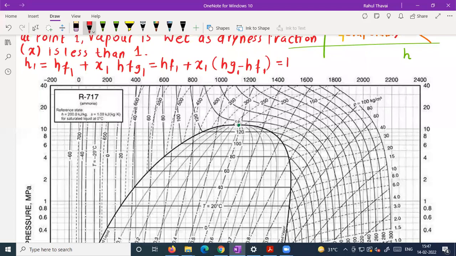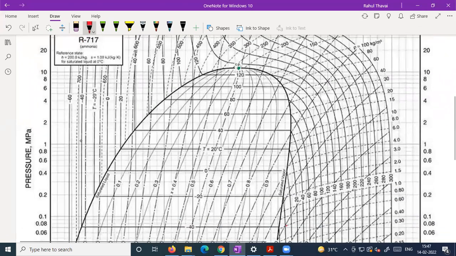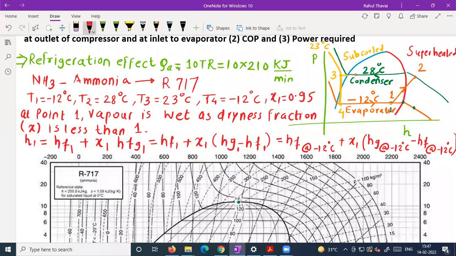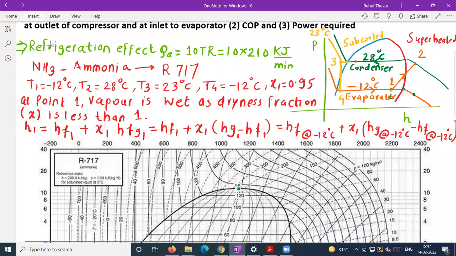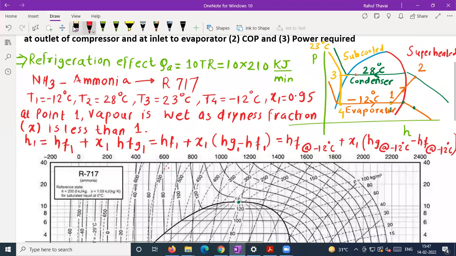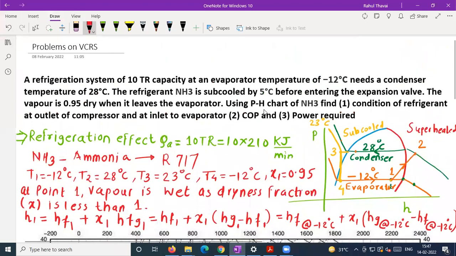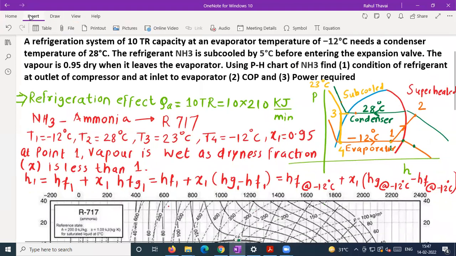So it is equal to HF at -12 degrees Celsius plus X1 into HG at -12 degrees Celsius minus HF at -12 degrees Celsius. Is that okay? Let me know. Understood?